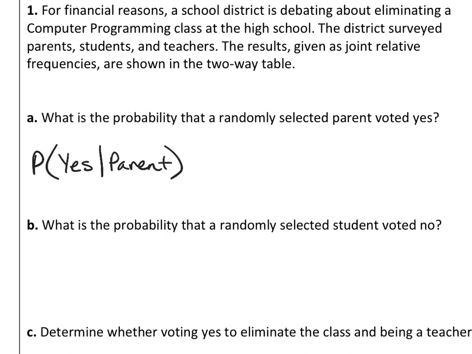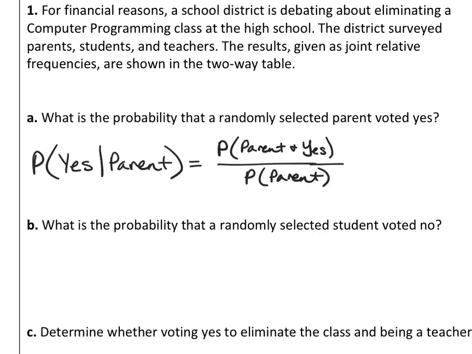Okay, the events A and B, just like my formula, are parent and yes. So if we look at that green formula that we put a little cloud around earlier, it says this can be found by finding the probability that a parent voted yes, so parent and yes, divided by the probability that they are a parent.